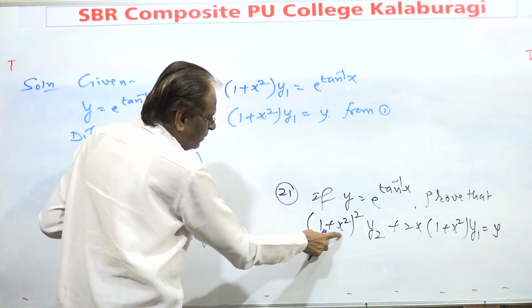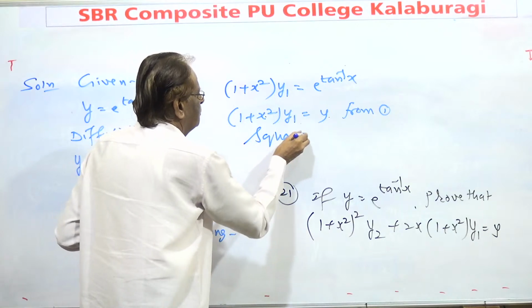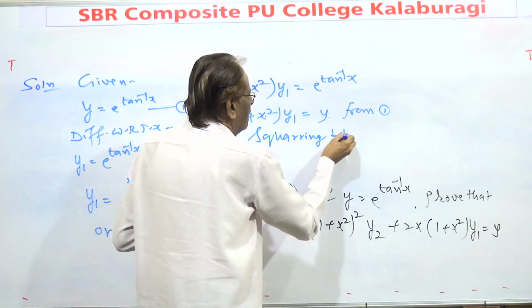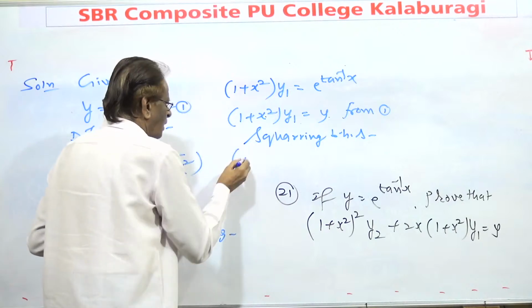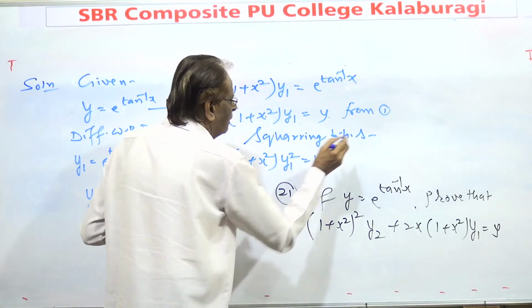Here 1 plus x squared whole squared, therefore square. Squaring both hand sides, square bracket, square y1, square y.